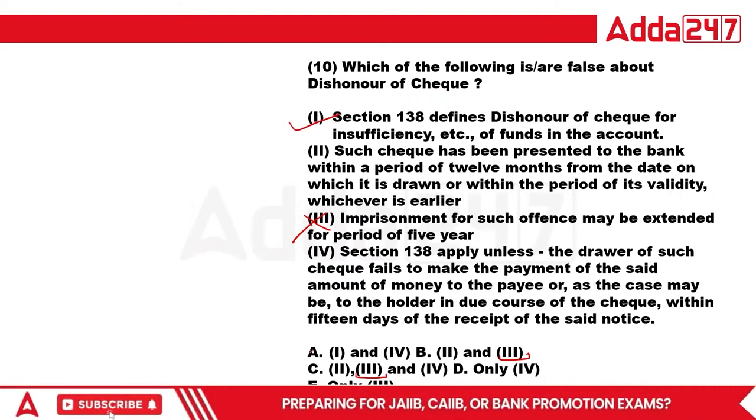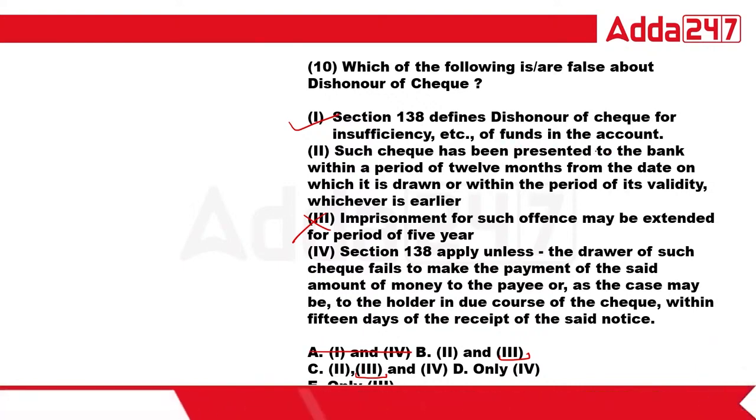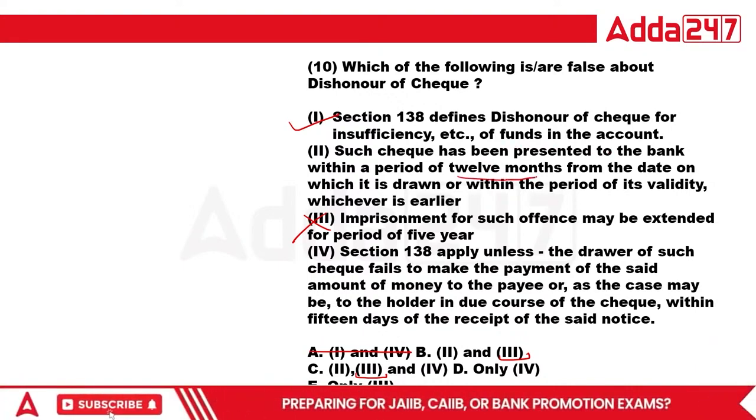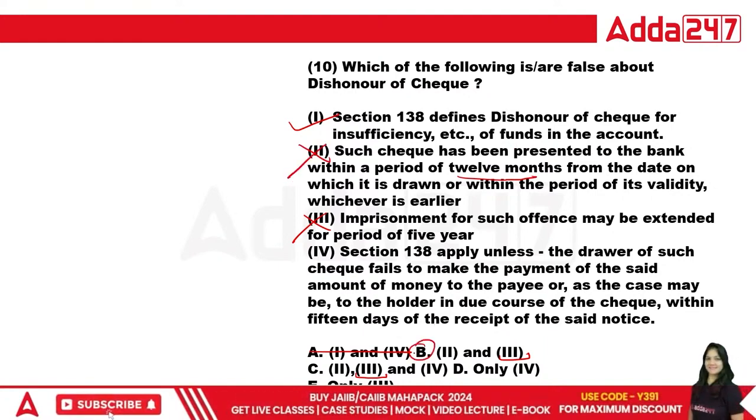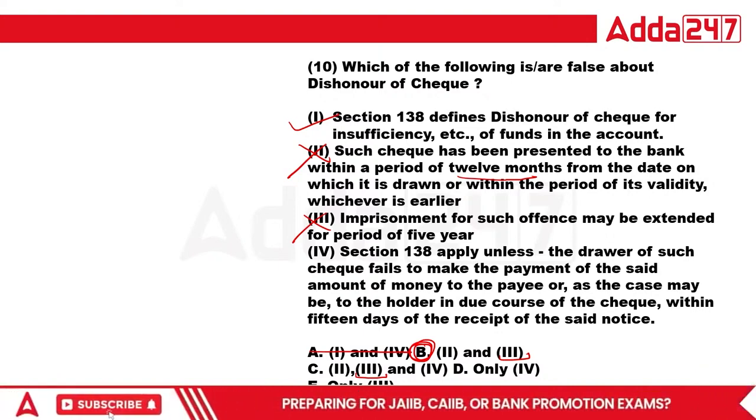So this cannot be the answer. The check has been presented to the bank within the 12 months. This is absolutely false. So the right answer is B. B is the correct answer for this question.